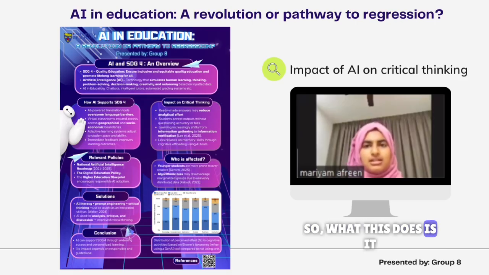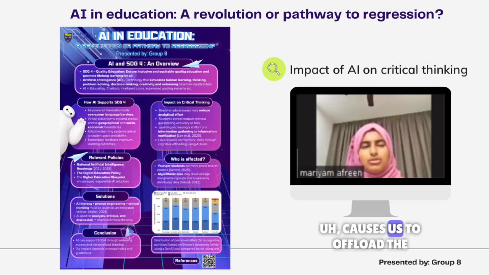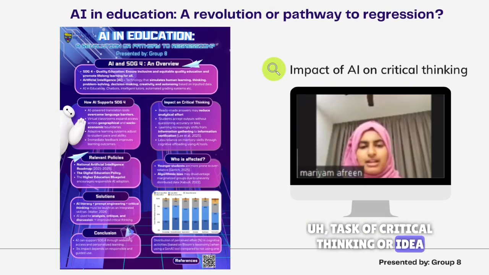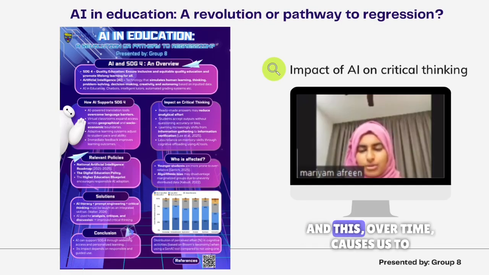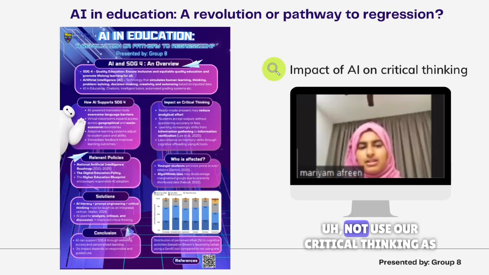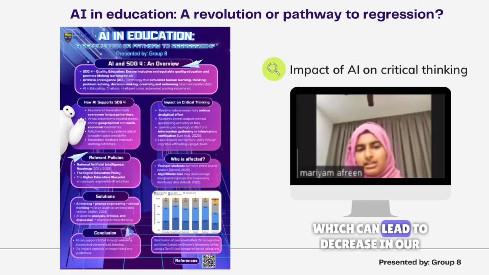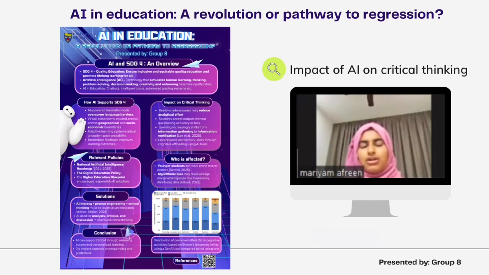What this does is it causes us to offload the task of critical thinking or idea generation to an AI tool. And over time this causes us to not use our critical thinking as much as we should, which can lead to a decrease in our cognitive ability.